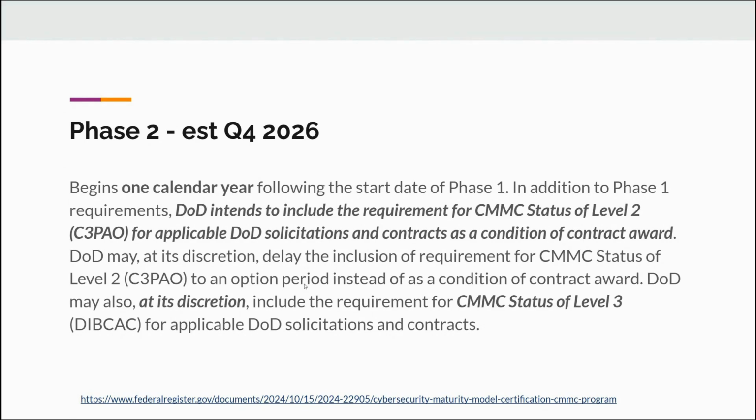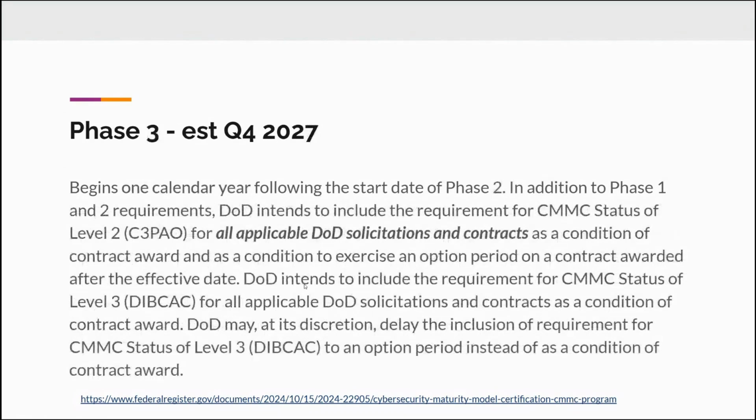Then as we go into Q4 2027, it's really 2028, if you think about it. So we're talking about years in the future. But phase 3 again starts 1 calendar year after phase 2. So now, ding ding ding, all applicable. All is doing the legwork in the sentence here, because before it was applicable, so therefore some or maybe most.